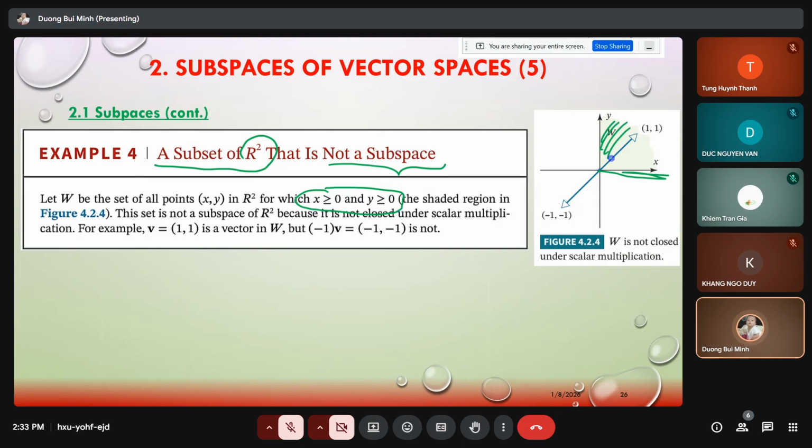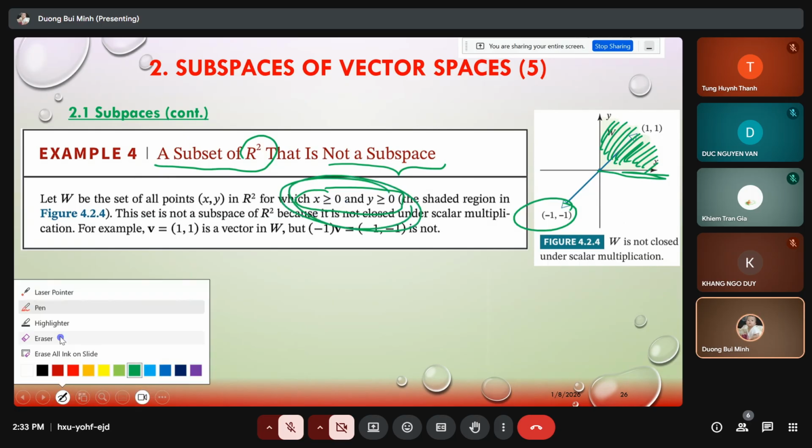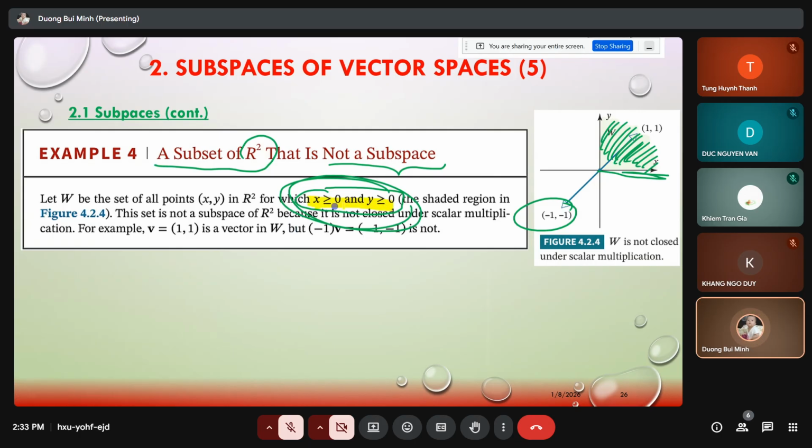That means we only consider the first quadrant. This is not a space, because if we have negatives, they are outside of the subset. Here we cannot call it a space because we have a limitation on x and y. If we don't have a limitation, that's okay, it is a space. But if we limit it, it is not a space.